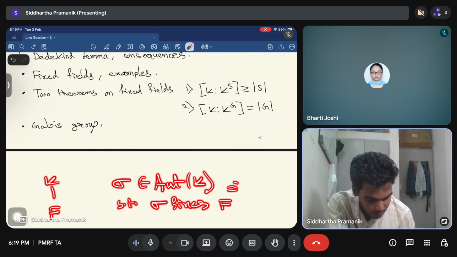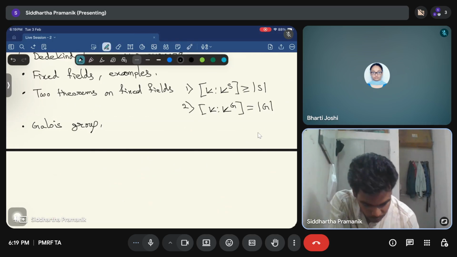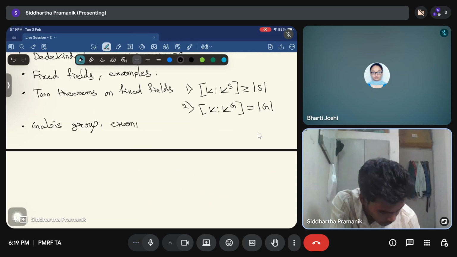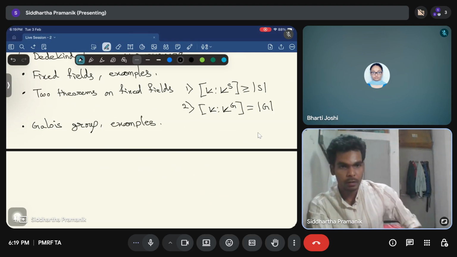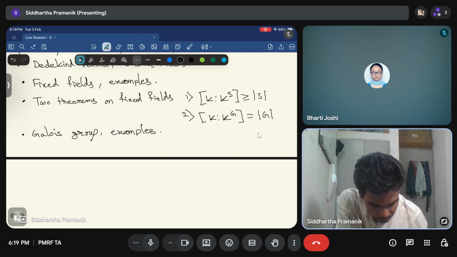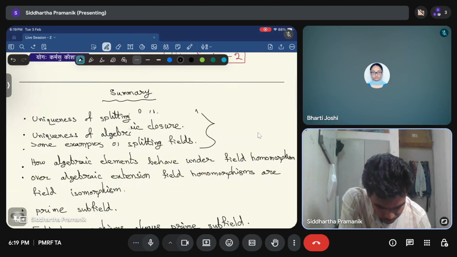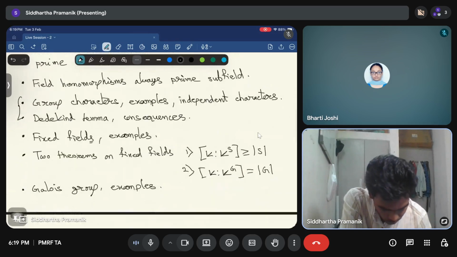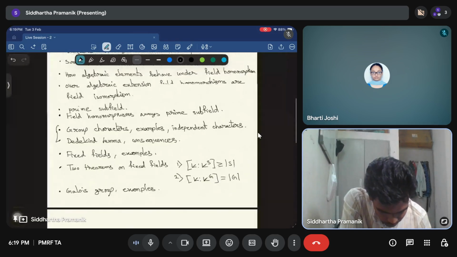Then we say sigma belongs to the Galois group of K over F. And we have seen some examples of these, I hope. I will do some more examples of this type. So these are the contents of the second week.